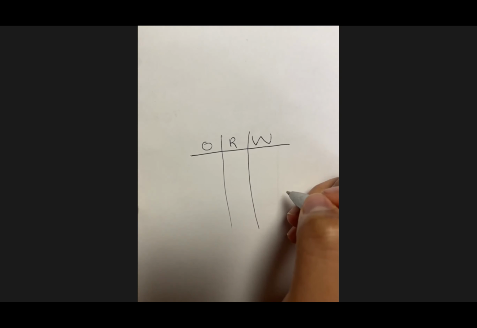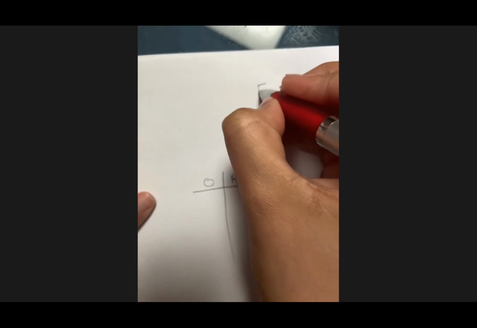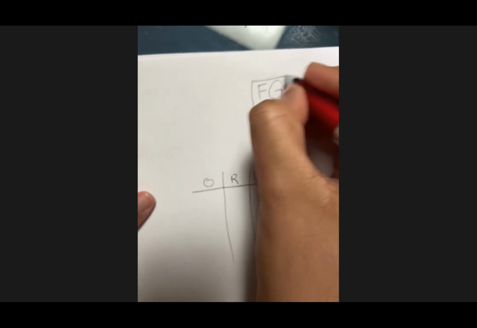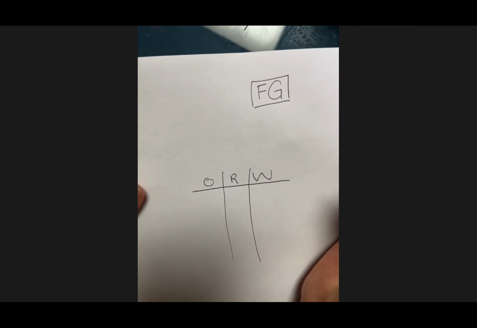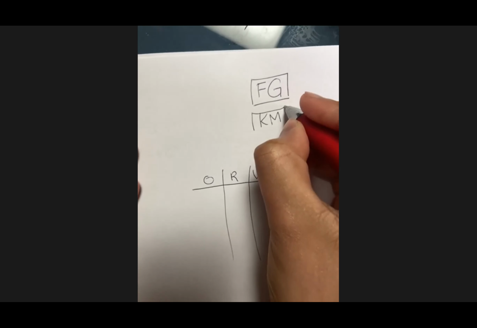And then for my rules, F and G have to be assigned together. So this is how I would write that rule, that F and G are always going together. And then K is always assigned to the same panel as M. So K and M also always going together.